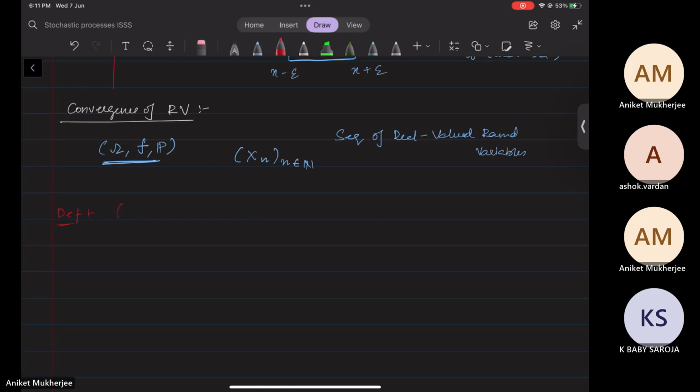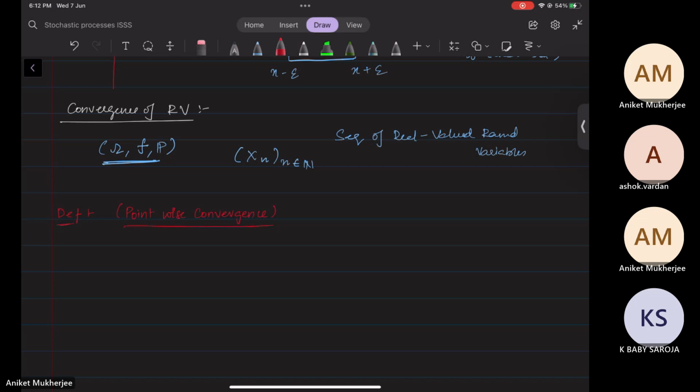So what a notion means is that if the sequence of random variables satisfies some property, then we say that it converges for this property. There are five notions of convergence in random variables. We will go through each of them one by one. So the first one is pointwise convergence. This is also known as sure convergence.